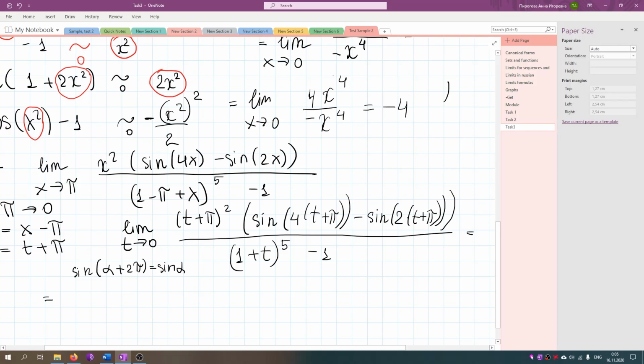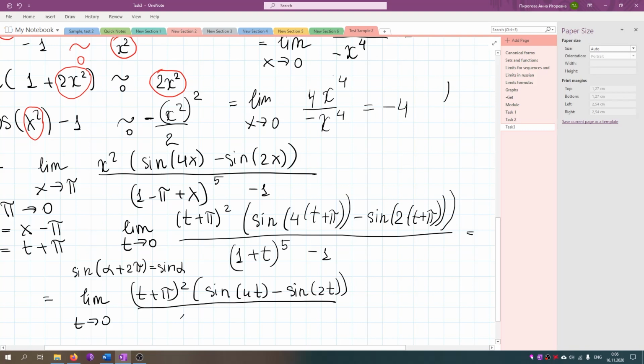So we just can replace these functions by sine 4t and sine of 2t. And speaking about the denominator, it will not change.